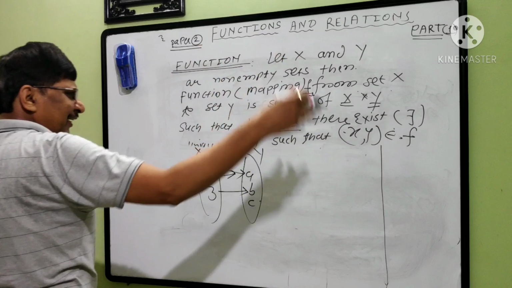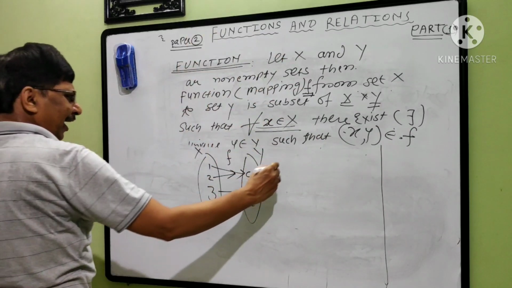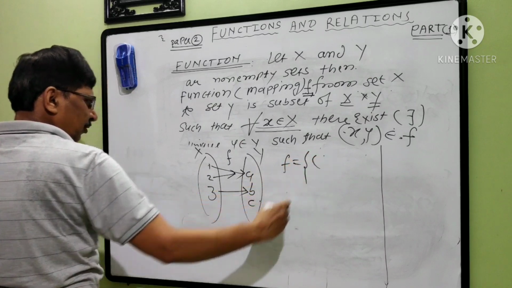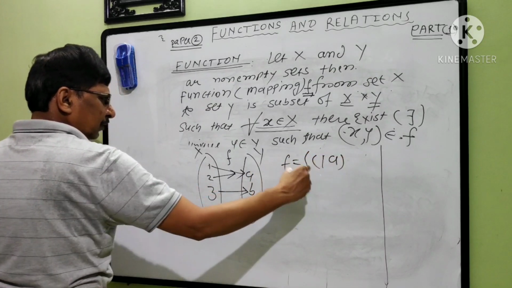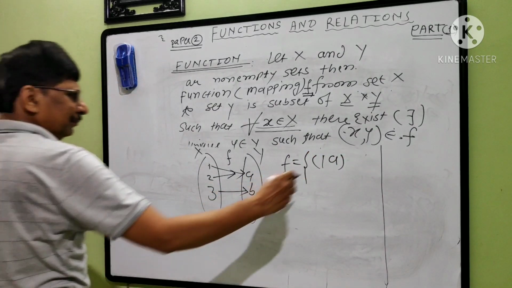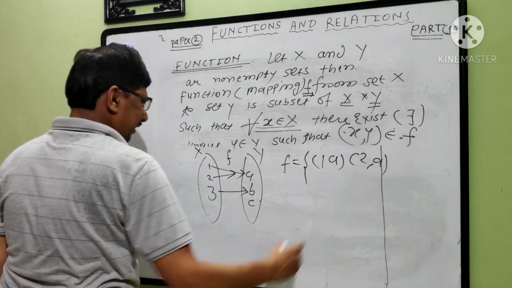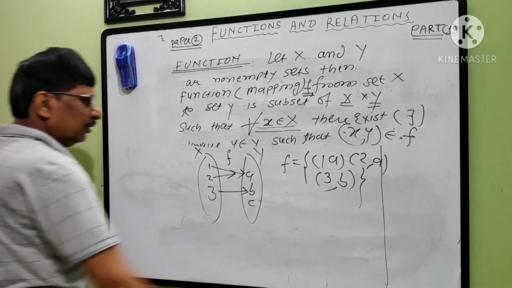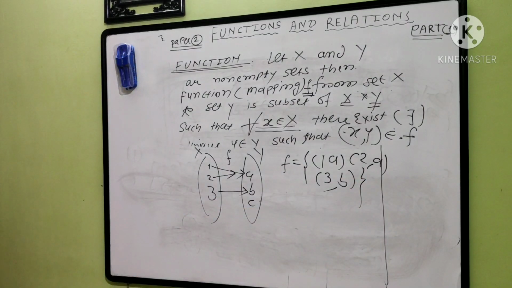Now I am not writing the whole X cross Y, but I am writing only a subset of this. See what the subset is: 1 is related to A, 2 is related to A, 3 is related to B. Now first of all, it is a subset.